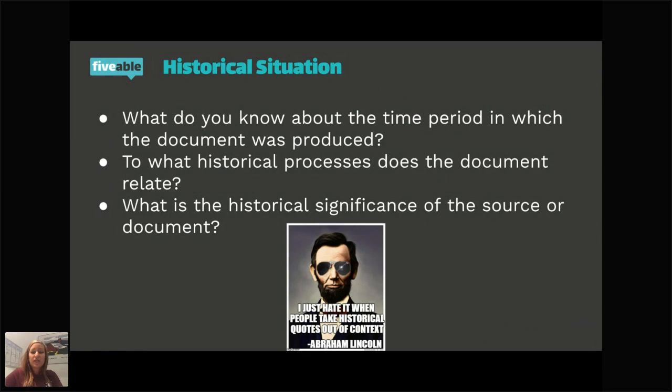And so when we're looking at the historical situation, we're placing the document in a specific time in history. And this is perfect for primary source documents. Because remember, primary source documents are written or produced at the time period. So we need to carefully look at, well, what's going on at that time period and what else in the world is going on that could have an impact.